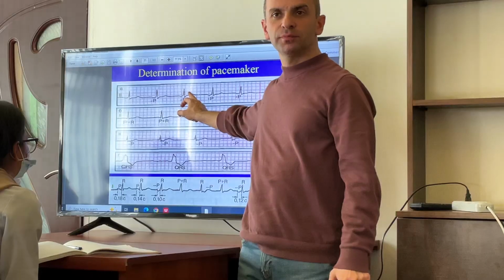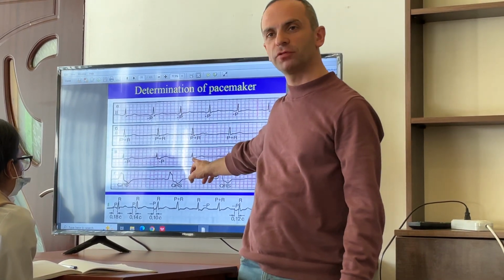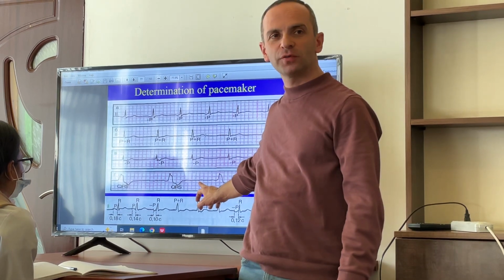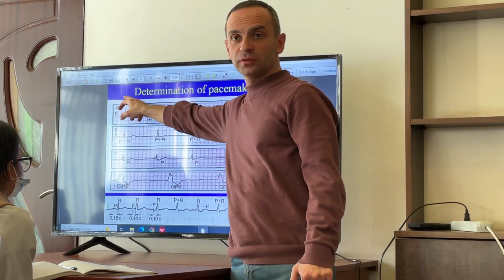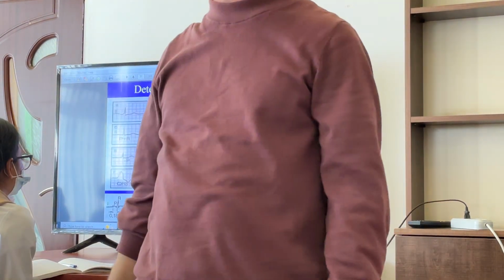This is atrial rhythm. This is AV junctional rhythm. This is also AV junctional rhythm. This is called idioventricular or ventricular rhythm. These are called passive ectopic or escape rhythms.